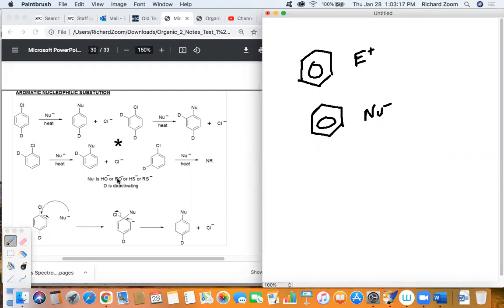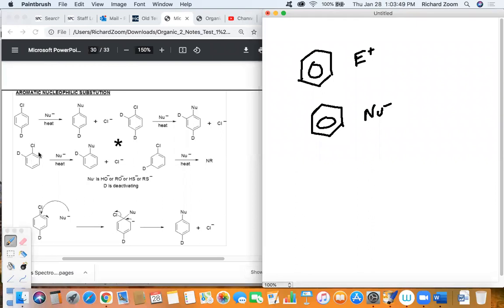If this happens, then the deactivating group can stabilize any negative charge that forms on the ring. The other thing that we need is a really strong nucleophile, and it has to be OH-, RO-, SH-, or RS-. Those are the most popular ones for this, because these are very strong nucleophiles. And again, the deactivating group on the ring has to be ortho and/or para to where the chlorine is on the ring that ends up being replaced.